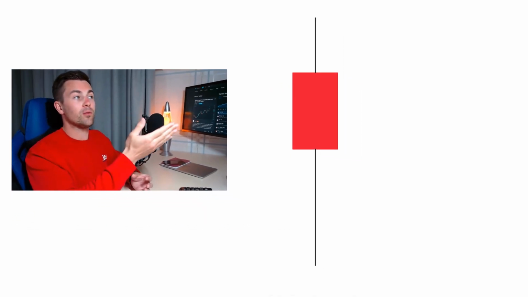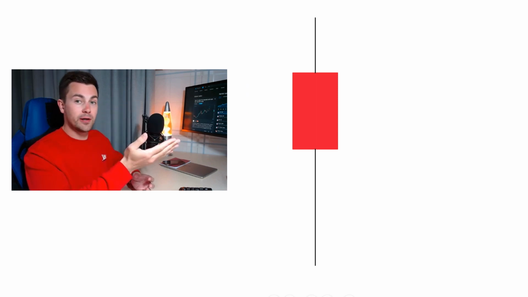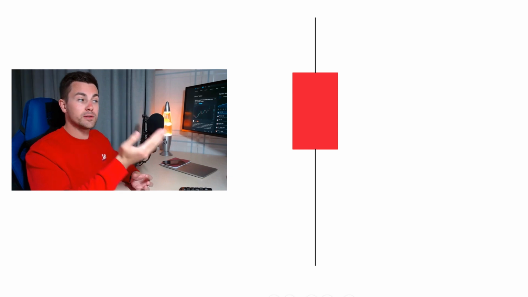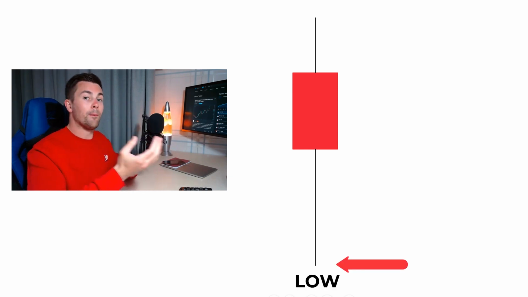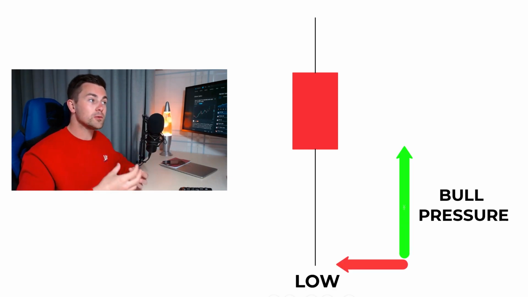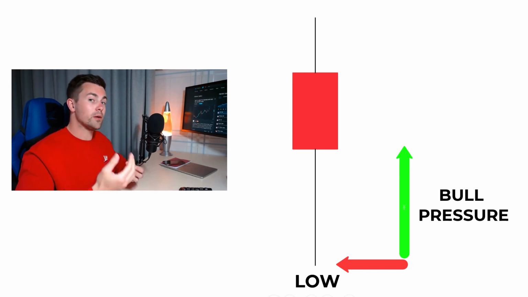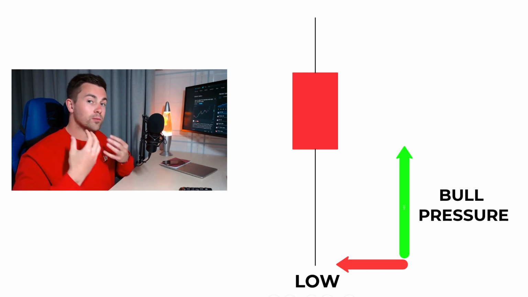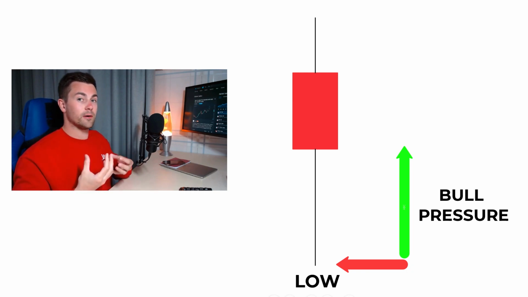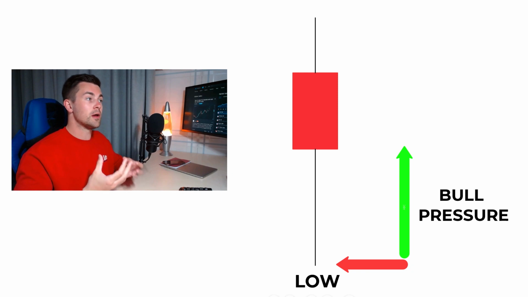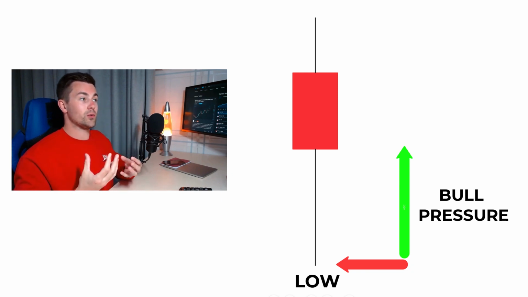In this example, we have the bearish candle, and when the price reached the low of the wick, bullish pressure became so strong that the market immediately returned back to higher levels. It signifies that buying volumes were so strong that the strong bearish pressure was broken and buyers started to buy.